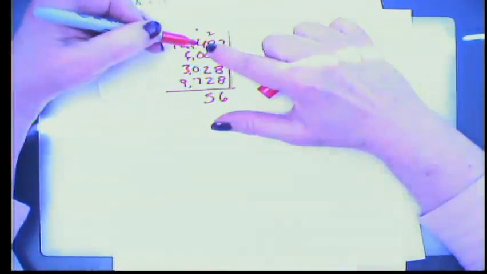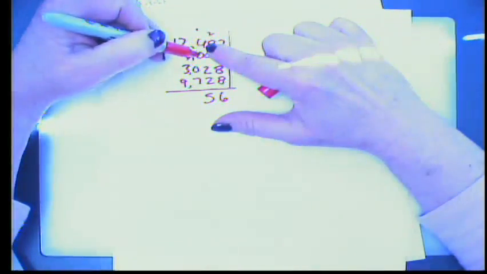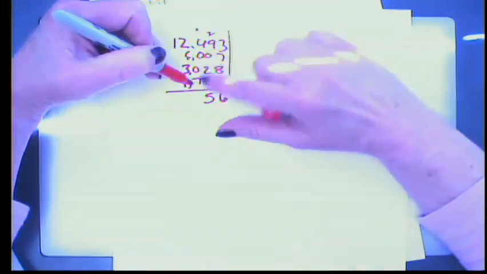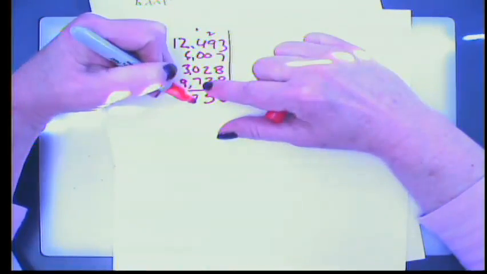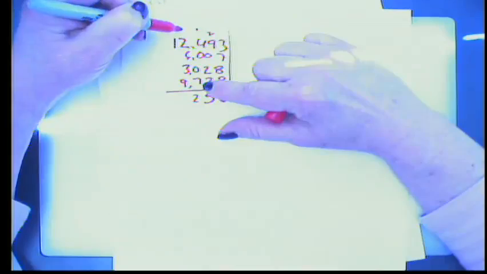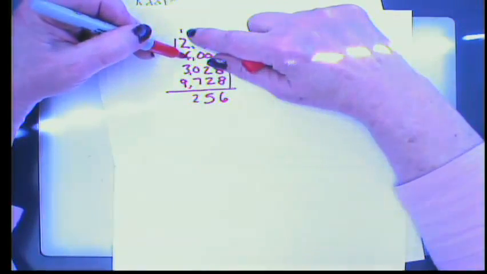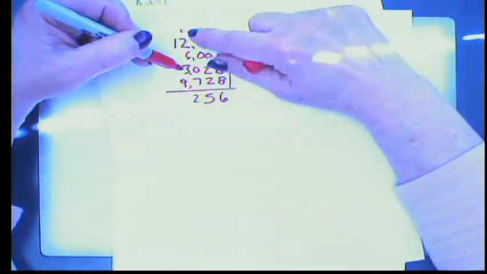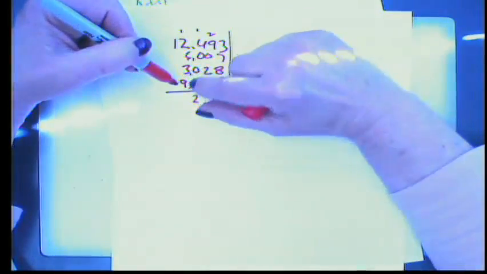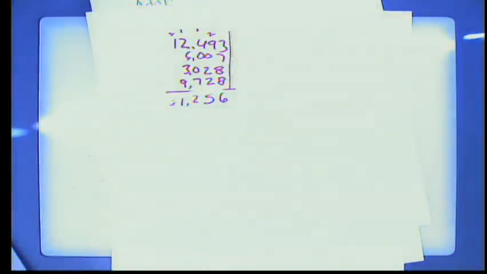So you have 4, 5, 5 plus 0, still 5. 5 plus 7 is 12. So you write down the 2, carry the 1. Then we add 3 plus 6 is 9, plus 3 more is 12, plus 9 is 21. So we carry that. And 2 plus 1 is 3. So the answer is 31,256.